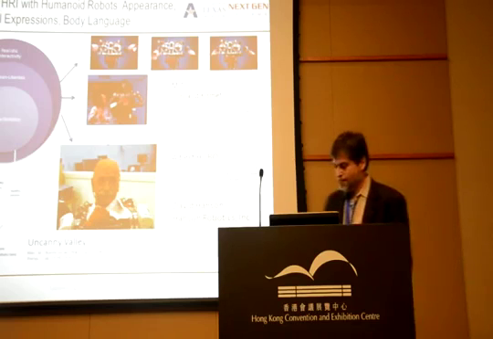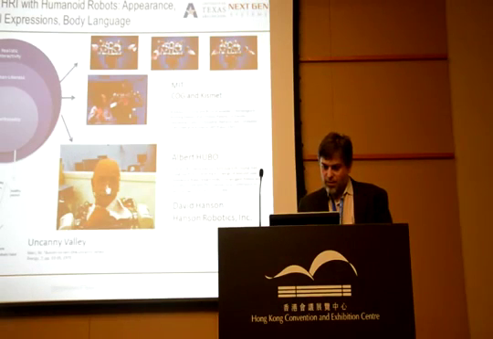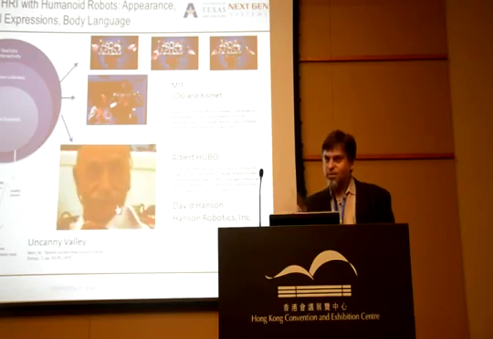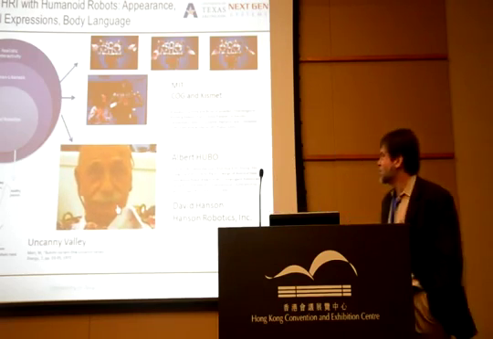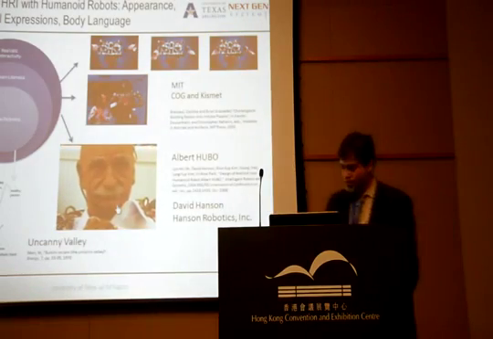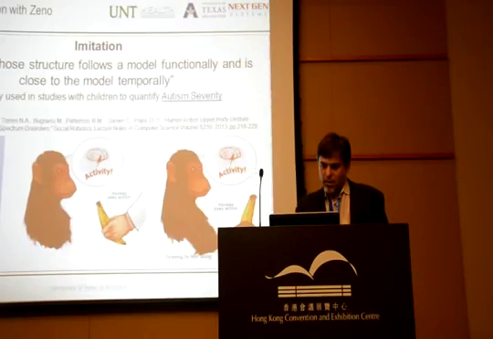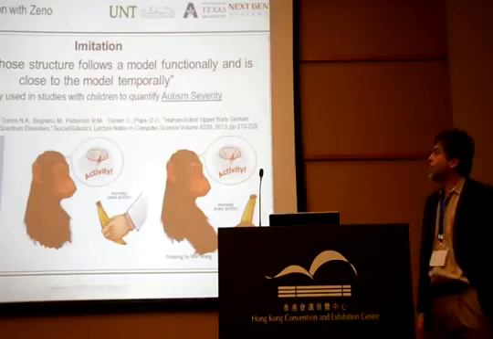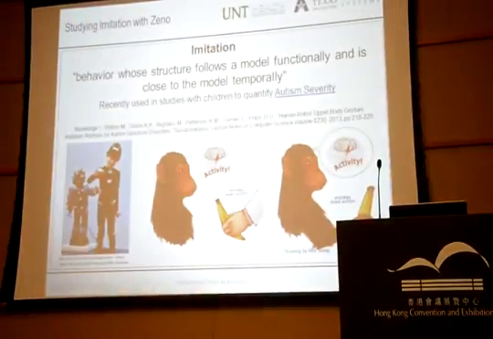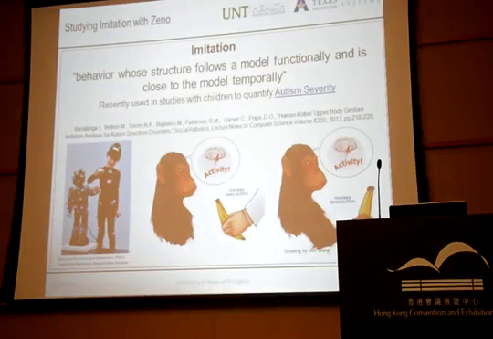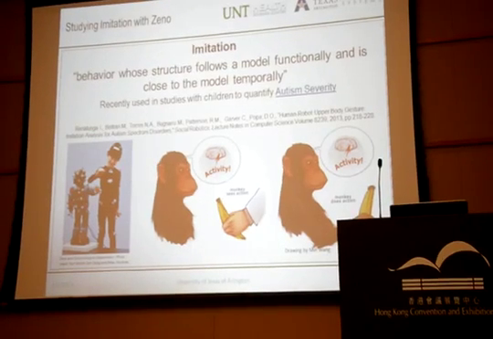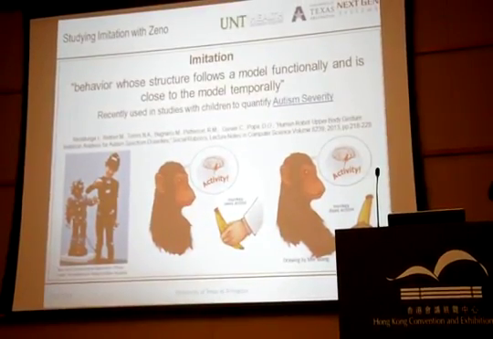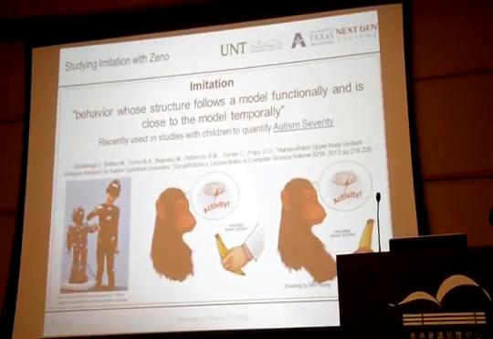So I met David in 2005, and of course, he's already shown you this work with Einstein. Since then, we've also worked with Zeno, looking at imitation. This is monkey see, monkey do. We're looking at imitation studies with children, in particular autistic children, to see if we can actually quantify autism severity from motor markers.